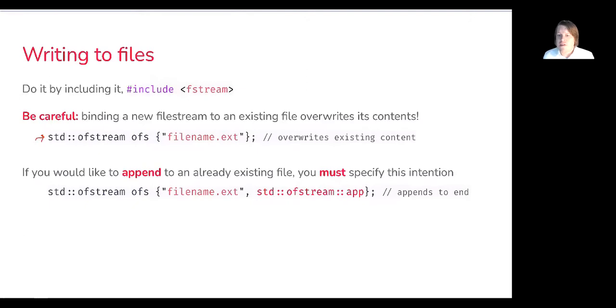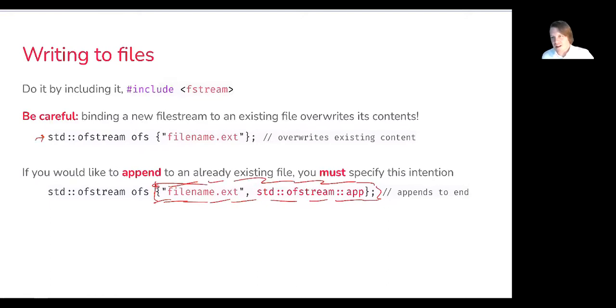So if you would like to instead append, that is add to the end of the file, as opposed to overwriting its existing contents, you must specify this intention when you're binding the file to the output file stream. To do this, the curly braces kind of become, we'll call it, a parameter list.